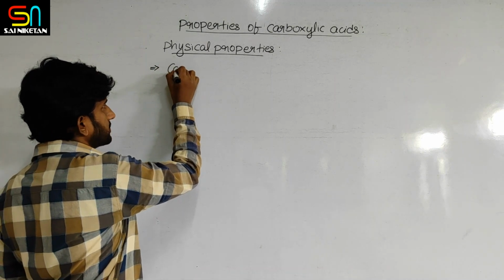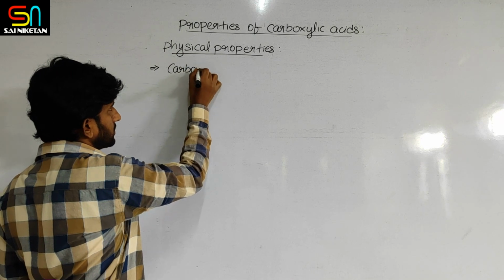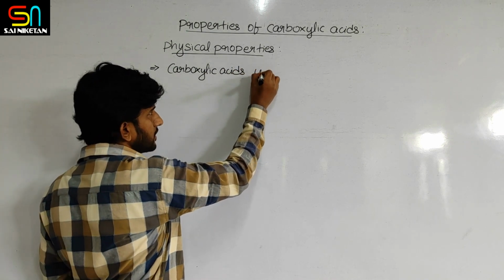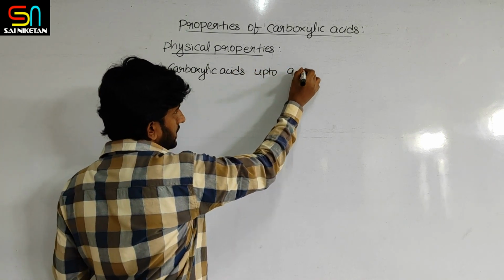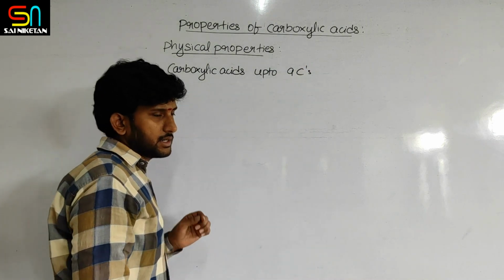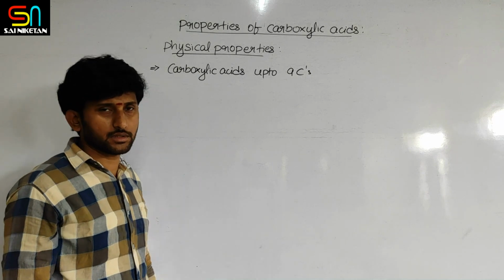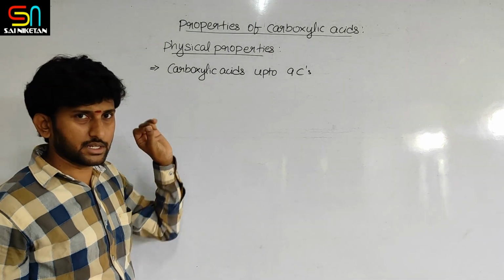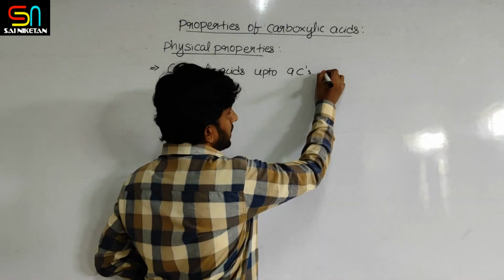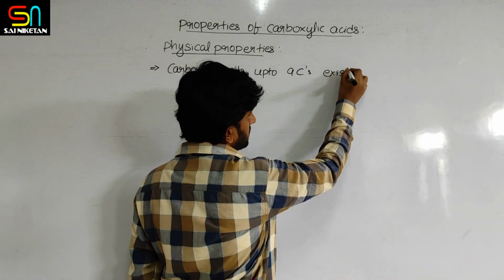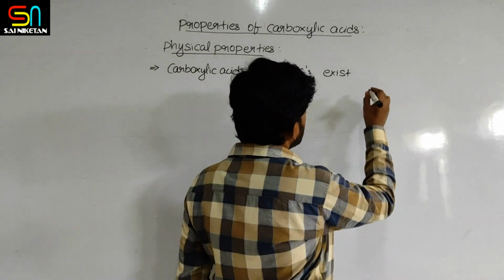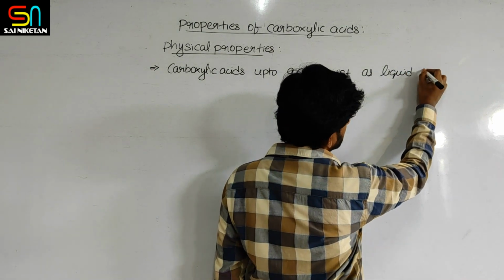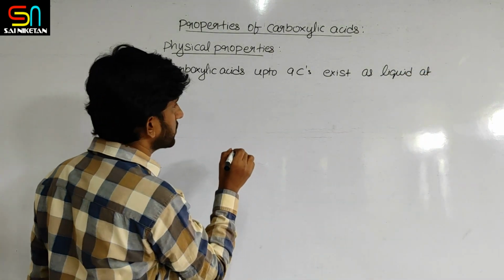Carboxylic acids containing up to 9 carbons, means methanoic acid, ethanoic acid, propanoic acid, up to nonanoic acid, exist as liquids at room temperature.